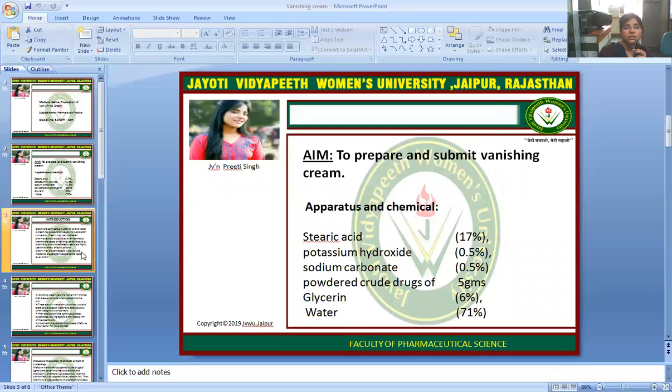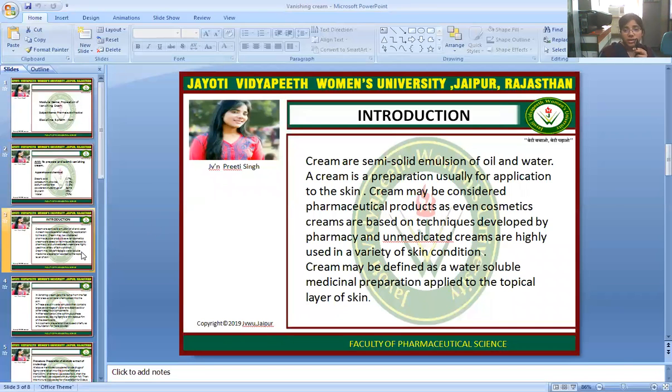So firstly, the introduction. Creams are semi-solid emulsions of oil and water. A cream is a preparation usually for application to the skin.